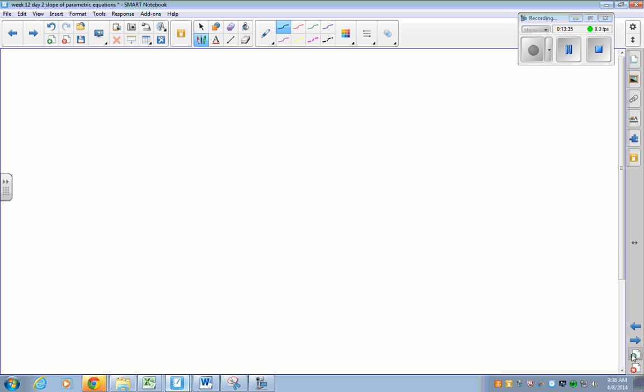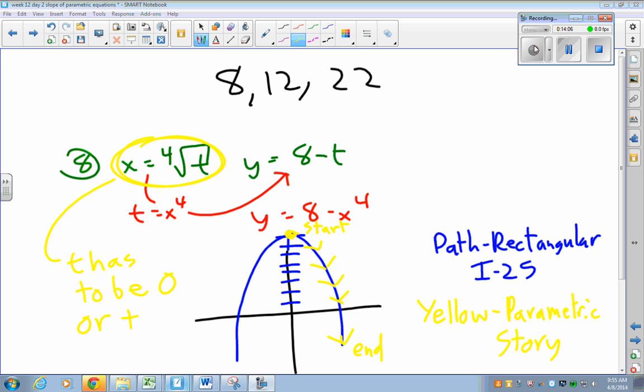I'd like to try 8, 12, and 22. Try those three out real quick. You guys that are juniors, you could try these out too if you want. So I said try 8, 12, and 22.